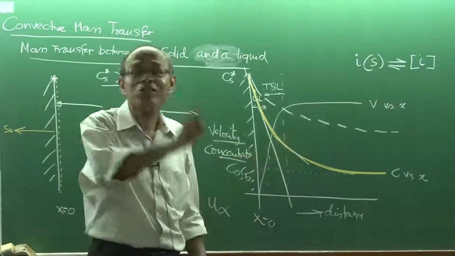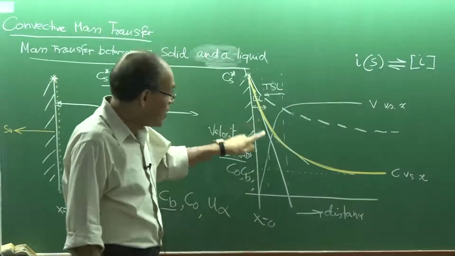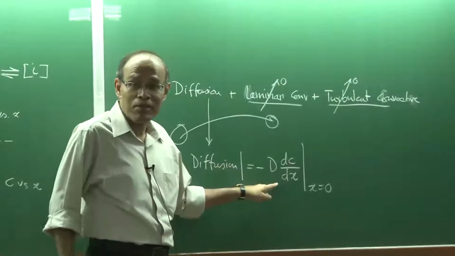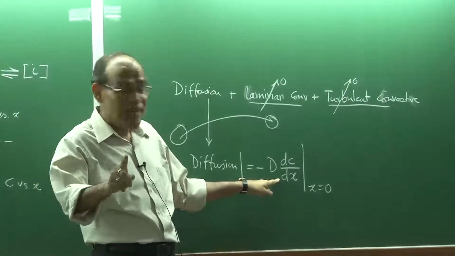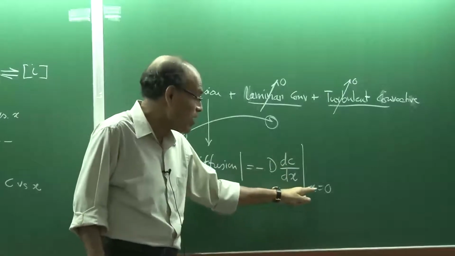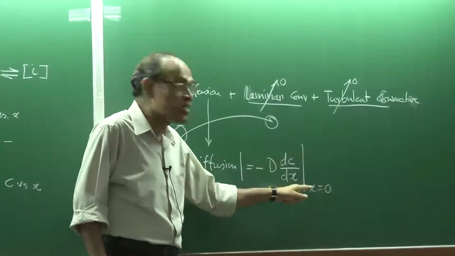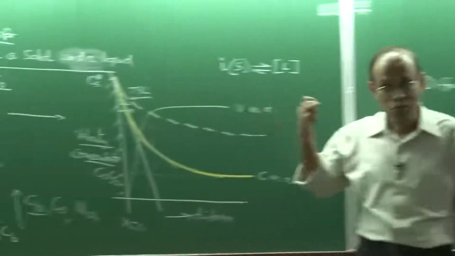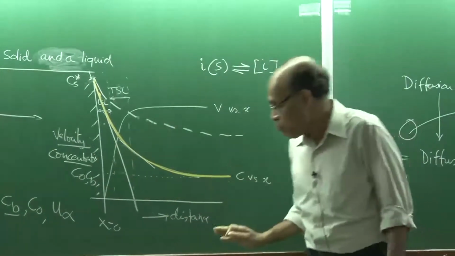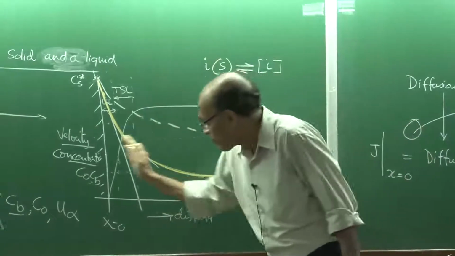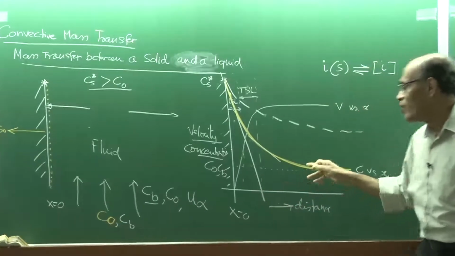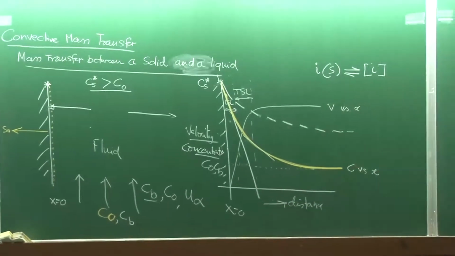So the characteristics of the fluid flow will determine the slope of the line, and therefore, even though it is diffusion, the information of convection is implicit in this, because dC/dx at x is equal to 0 is going to be a function of the velocity. The more the velocity, the lesser is going to be this particular distance on the x-axis; the lesser the velocity, the more is going to be this particular distance.